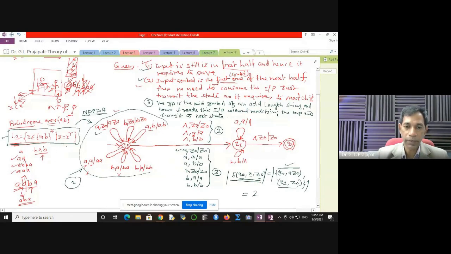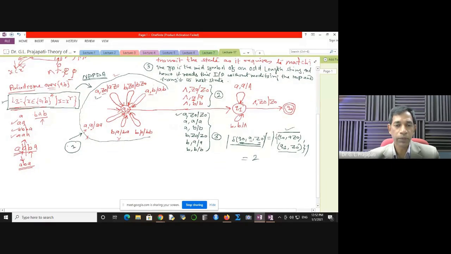But for this context-free language, we don't have a deterministic PDA; we have only the NDPDA. Just like we have seen in the case of finite automata, every NFA can be converted; for every NFA we will have some equivalent DFA.